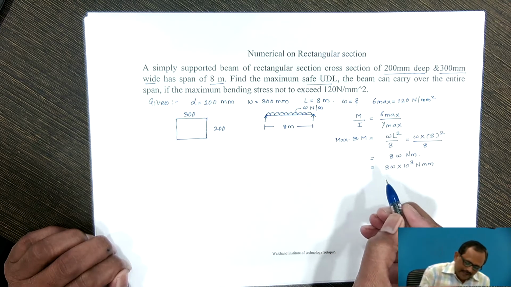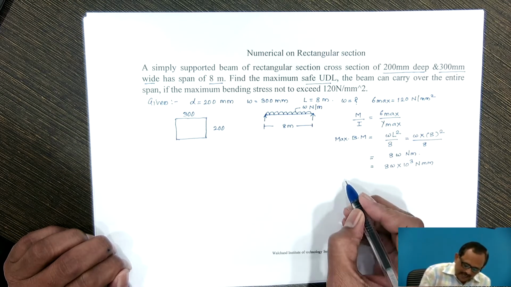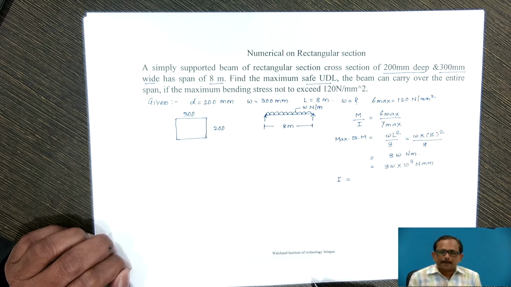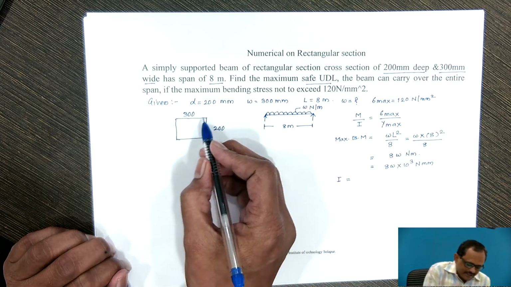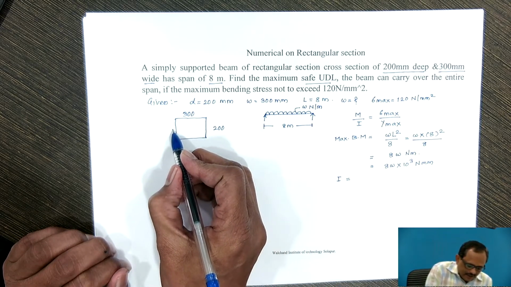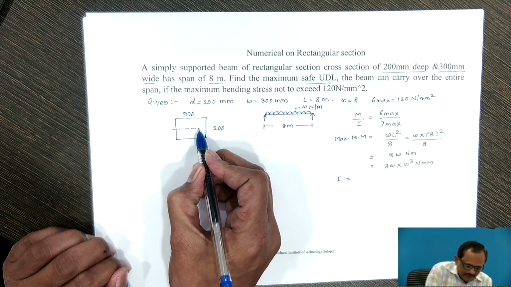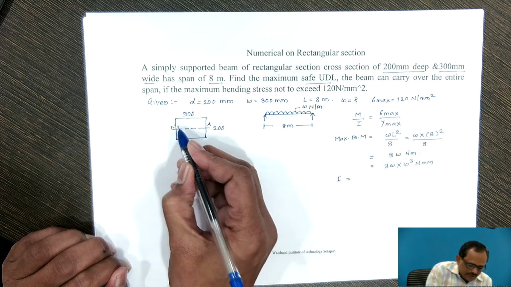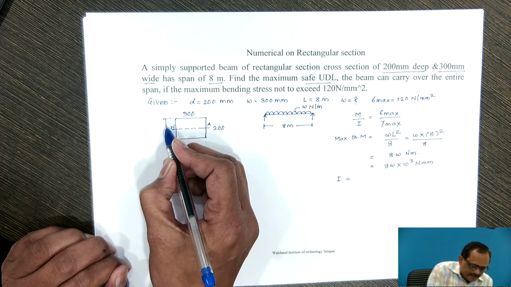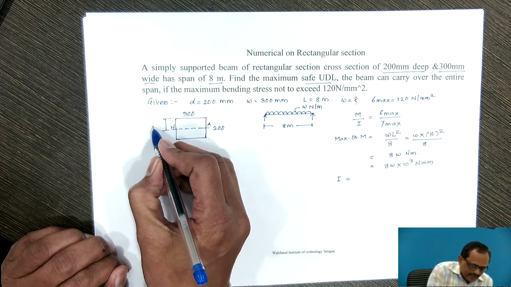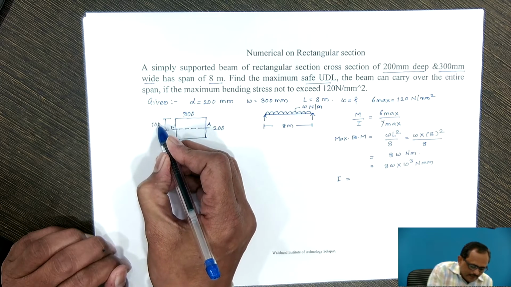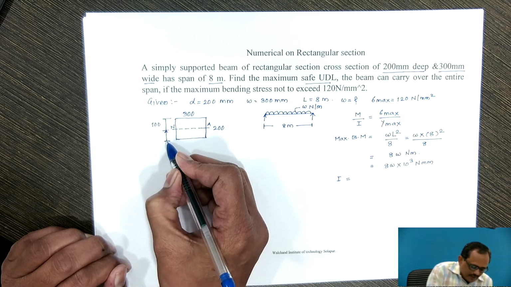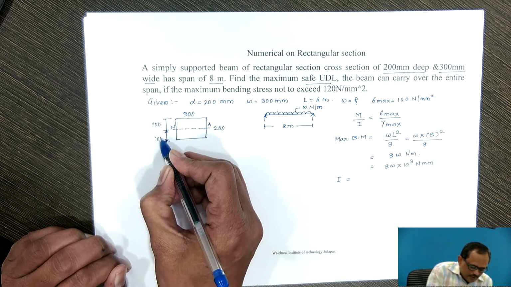Now, we will calculate the moment of inertia I for the given section about the neutral axis. As the section is a rectangle, the centroidal axis, that is the position of the neutral axis, will lie at half of the depth of the section. That is, the distance of the topmost layer from the neutral axis will be 100 mm, and from the bottom the distance will also be 100 mm.